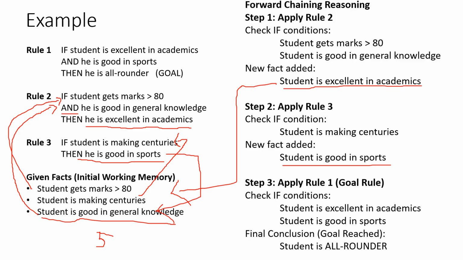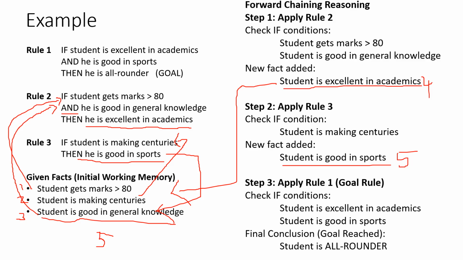Then we will check the next facts, whether they match with any of the rules. So here we have student is excellent in academics and student is good in sports. This is the first fact, second fact, third fact, fourth one, and fifth one. Now we have five facts in our working memory.